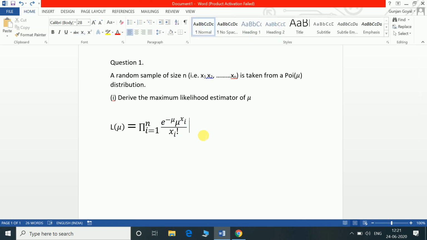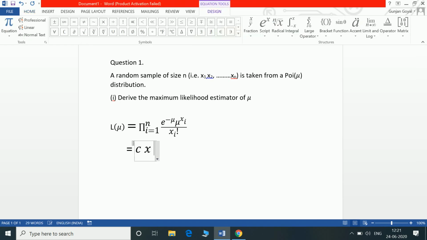Now we'll write the next line. Let's come out of the equation using the right arrow key, and I'll come down, press tab, and write equal to. Then I write first a constant, and then a multiplication sign, and then my equation. You can also use Alt equal to and write c into, which will give you a cross sign; this looks like an x, so use this multiplication sign from here. So c into, then e to the power minus n backslash mu, space, close, space.